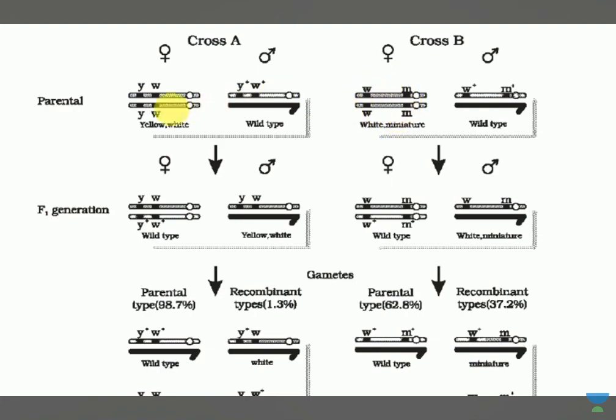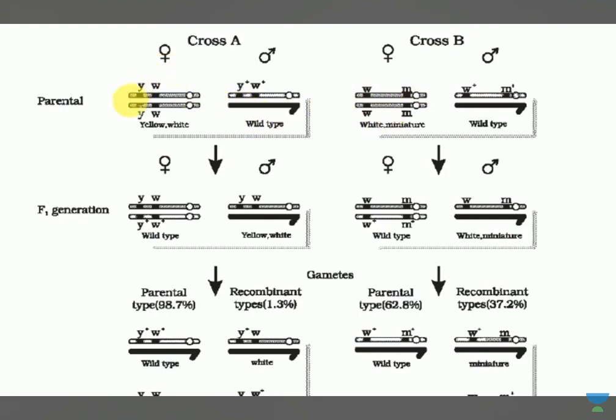You can have a look at both the images. In this particular image these are present quite close to each other. In this particular image the w and m are quite far. It means that the linkage is more in cross A, that is the two characters, that is the body color and eye color are more linked, and the second thing is not that much linked.